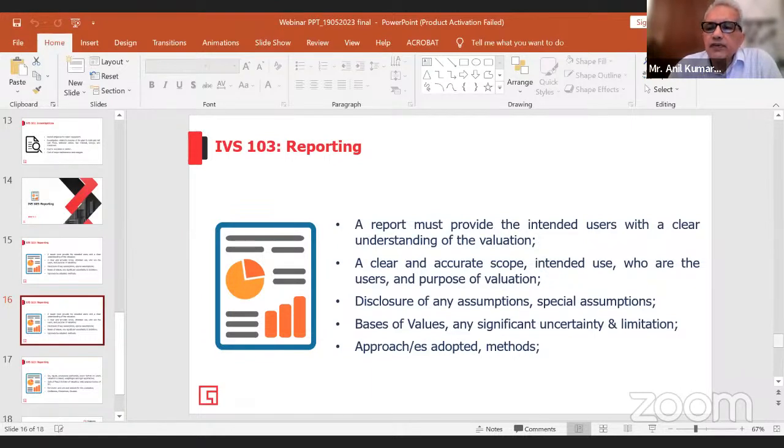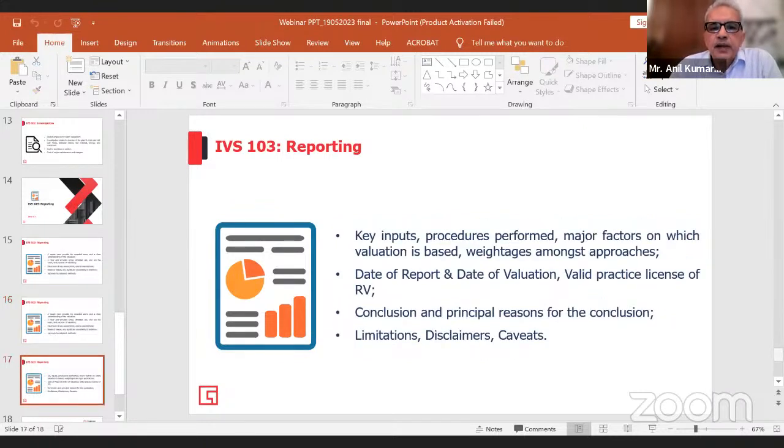Of course, you will have the approaches that are being used, like Manojji said, the net asset approach or the income approach or comparables approach, and the methods, right? I will not go into each of these points, but I think it's important for the valuer to capture the important procedures that have been performed, the major factors that have been borne in mind, and any weightages between methods and approaches that have been applied, and the reason behind it, right?